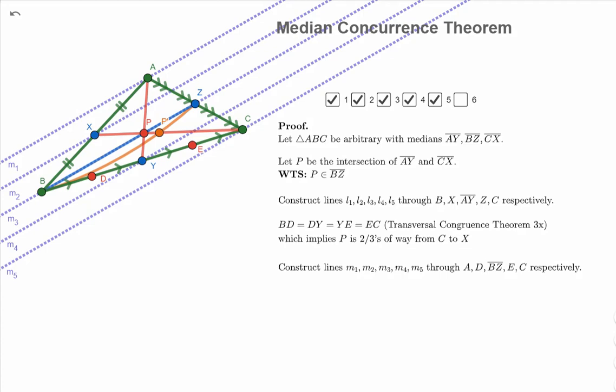I didn't put in the other points because we don't need them. What we need to understand, and by the way, we still had to apply the transversal congruence theorem 3 times to get all of that, but I've shown that before, is that these 4 segments on any transversal between the parallel lines M1 through M5 will be divided into congruent segments.